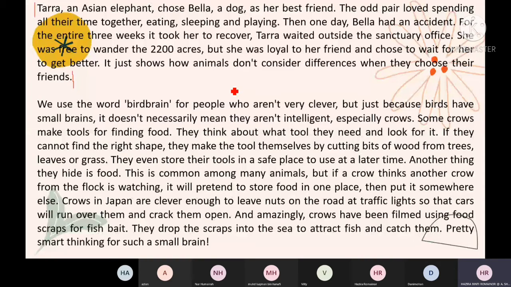Gerund was originally a verb; it changes into a noun when you put ing at the back. So, loves spending. The pair loves spending all the time together. Yes, this is one of the answers. Spending. Other than that is eating here, sleeping and playing. Yes, and playing.